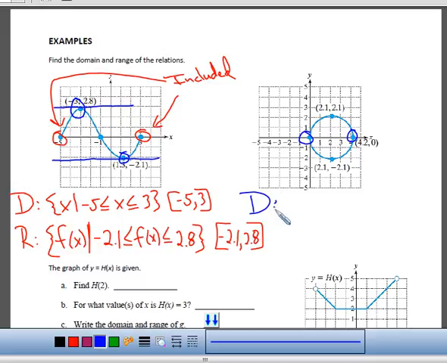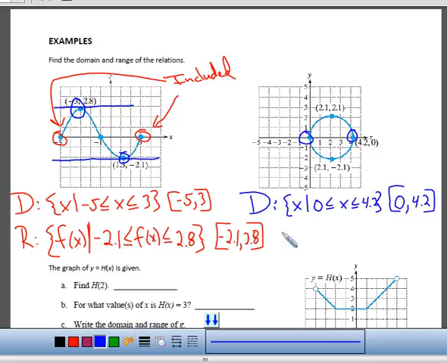So the domain is the set of all x, and it goes from 0 to 4.2. So 0 is less than or equal to x is less than or equal to 4.2. And again, we can do interval notation, which is 0, comma, 4.2, and you do your square brackets.